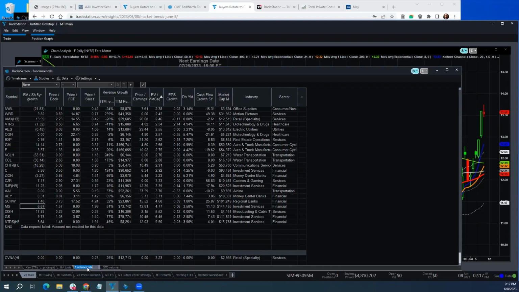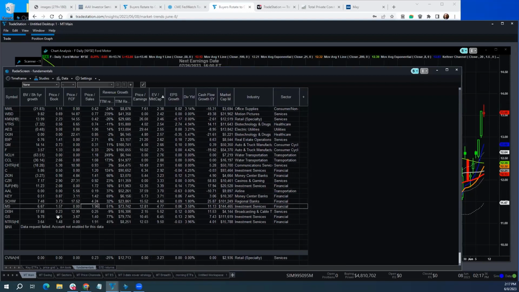And the nice thing I like about EV to market cap is it's a pretty universal thing for different sectors. That's why I call it an everyman indicator, you don't need to have a CFA to understand this. It will work. Just realize that financials are going to be more leveraged because they include deposits on their balance sheet as liabilities, which makes them look more leveraged than they maybe are.